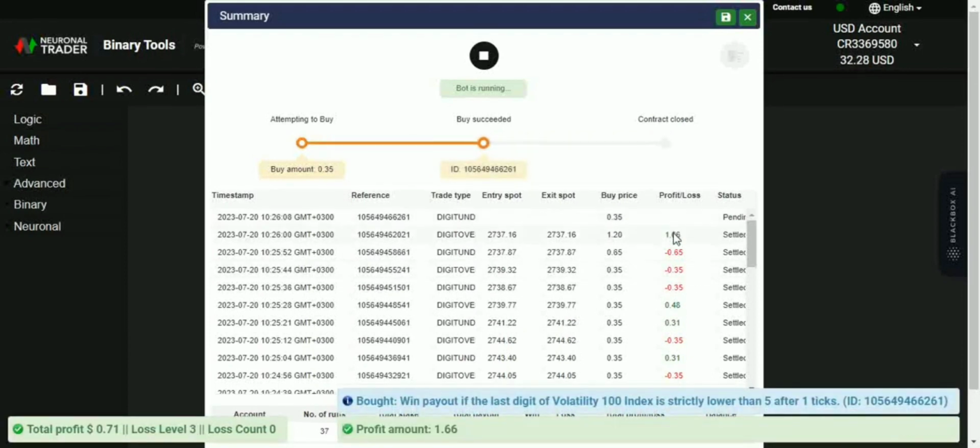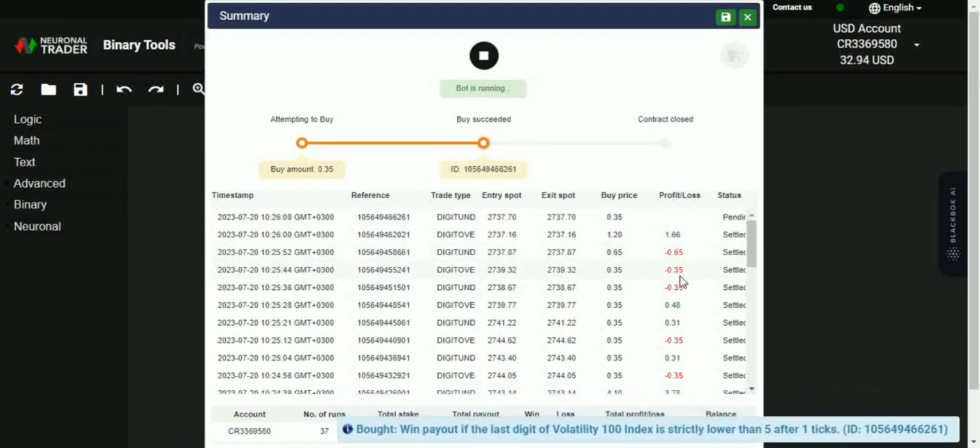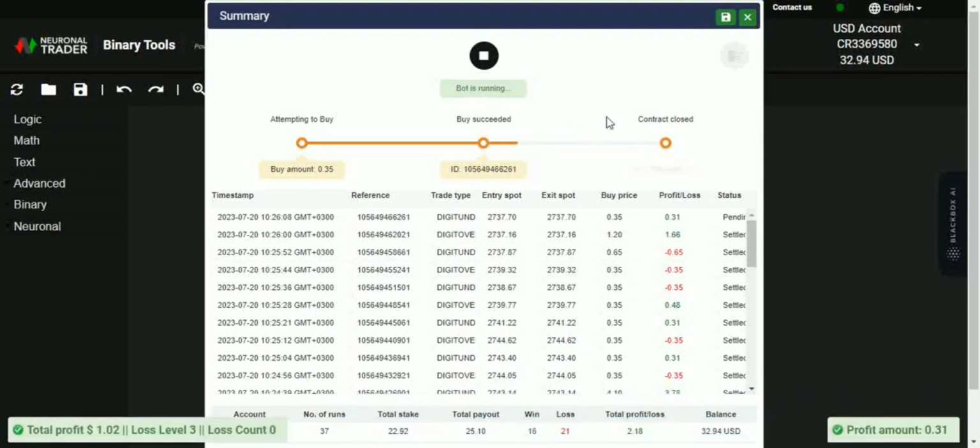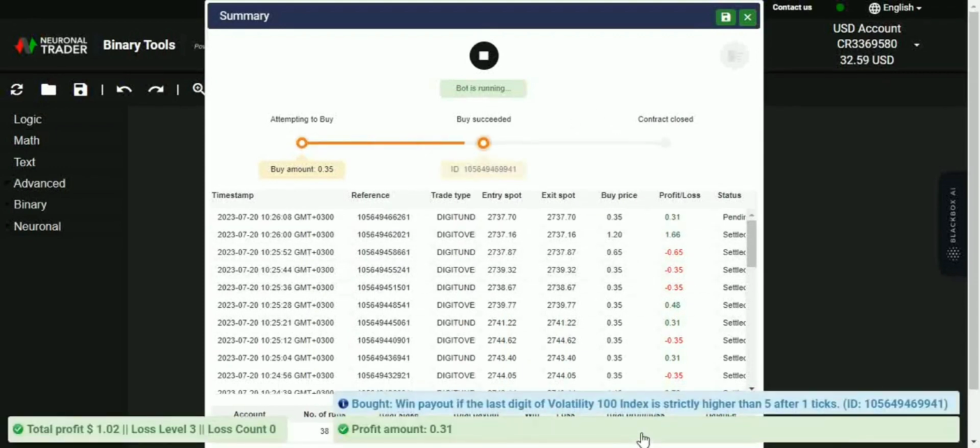See this for over, this single win clears all the losses, and that's how our account will grow.